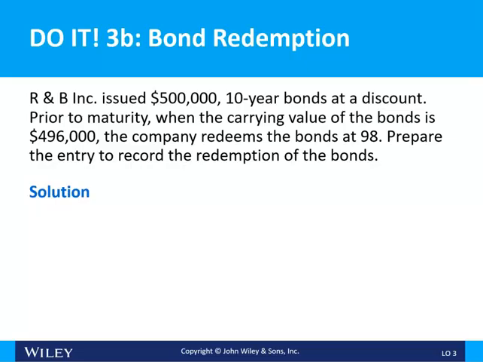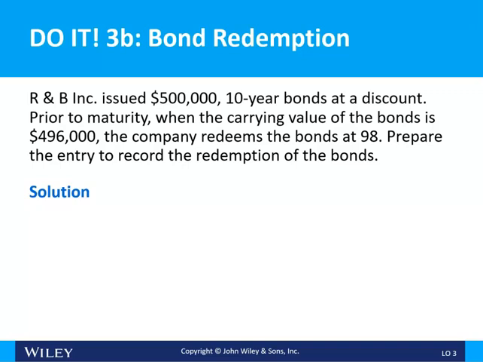If we're going to redeem these, we're going to debit bonds payable for $500,000. Since our carrying value is less than that, we sold them at a discount. We still have $4,000 left in discount. Remember, discount has a debit balance, so we're going to credit the bond discount for $4,000.